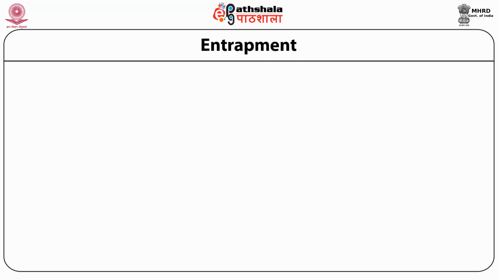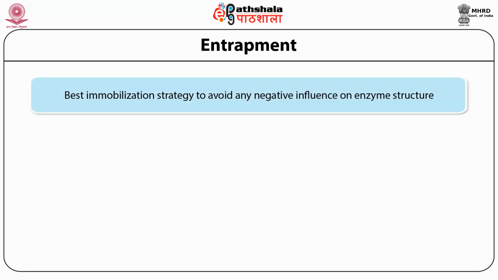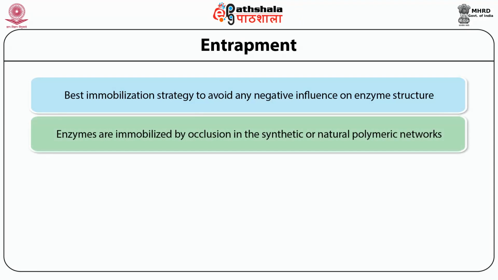The next method is entrapment. The entrapment method is one of the best immobilization strategies to avoid any negative influence on the enzyme structure. The enzymes are immobilized by encapsulation or entrapment in synthetic or natural polymeric networks.